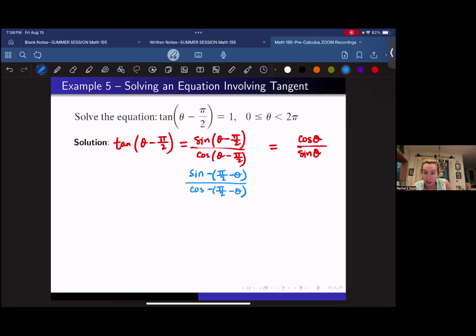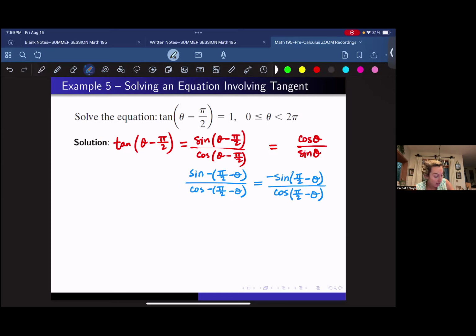And what do we know about sine functions? Sine functions are odd, so we can pull out that negative altogether. And cosine functions are even, so we can actually just cancel out that negative. And so we end up getting negative sine of pi over 2 minus theta, all divided by just regular cosine of pi over 2 minus theta.